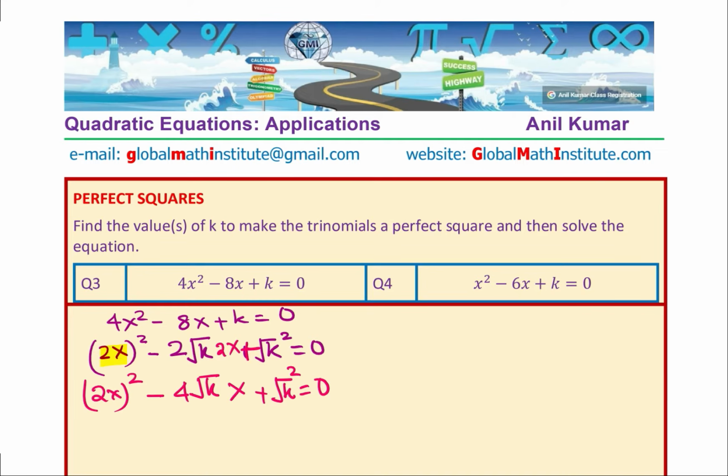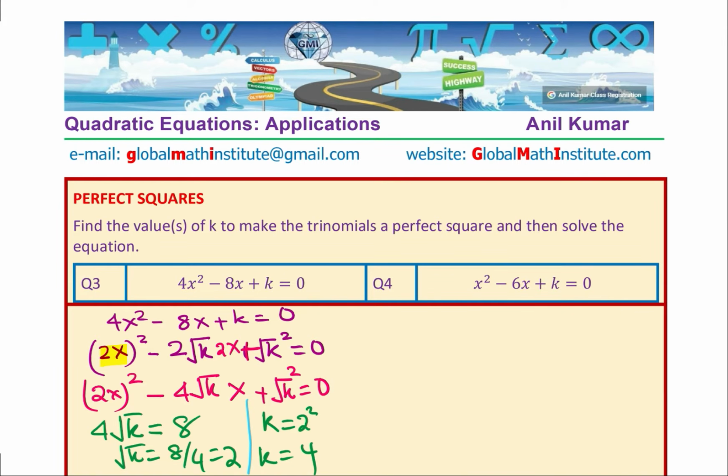Minus 8 should be equals to minus 4 square root k. So I could write this as, comparing, I get 4 square root k equals to 8, right? So what is k? So that gives you that square root k equals to 8 by 4, which is 2, and that gives you k as 2 square, and so k is 4.